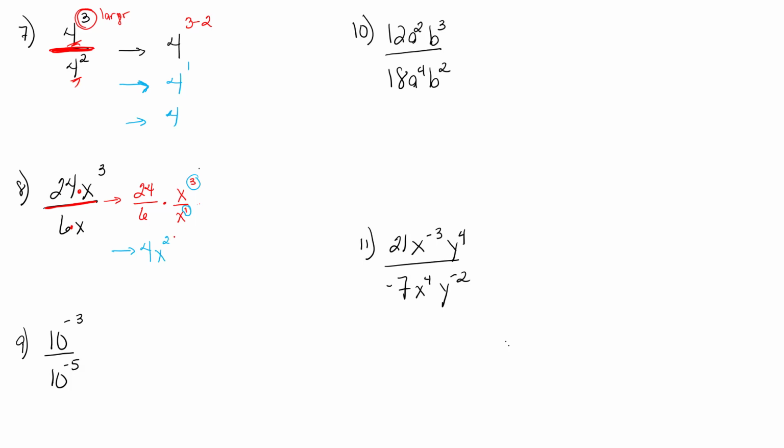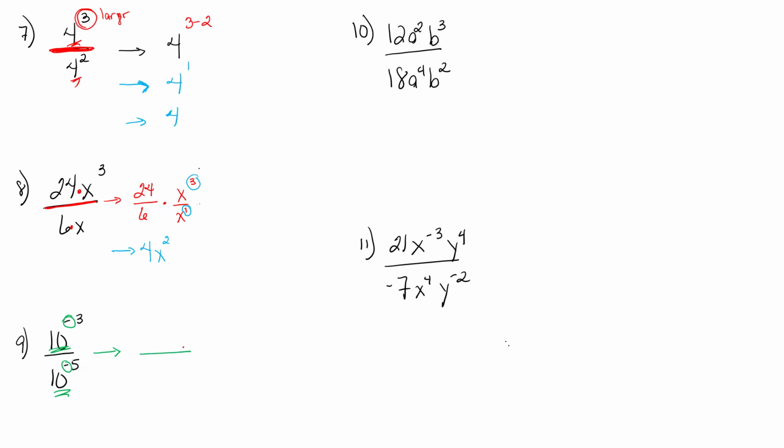How we doing? Making sense? Cool. All right, let's take a look at problem number 9. Bases are the same. My challenge is, though, I've got negative exponents. And something that hides the real problem are not only parentheses, but negative exponents. So I personally choose to rewrite this problem with positive exponents.